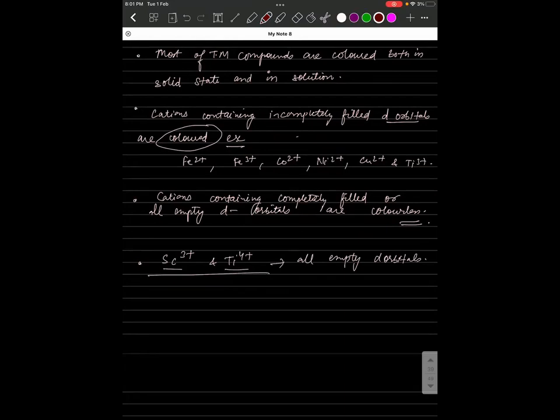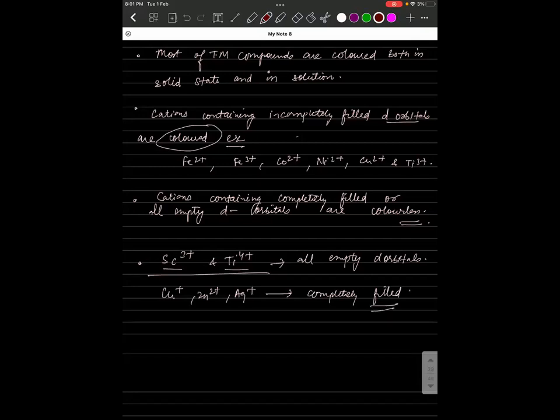And completely filled are copper positive, zinc 2 positive, and Ag positive. They have completely filled d orbitals, so they are colorless.